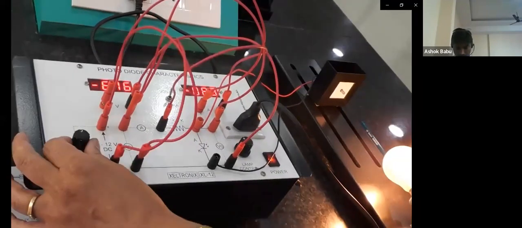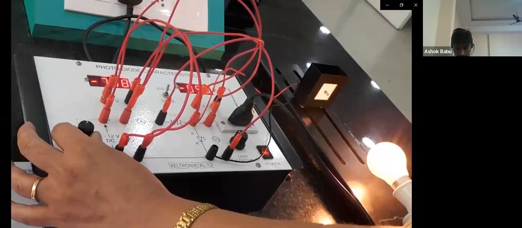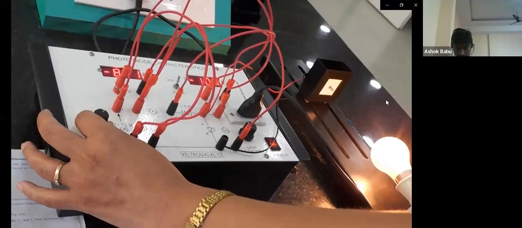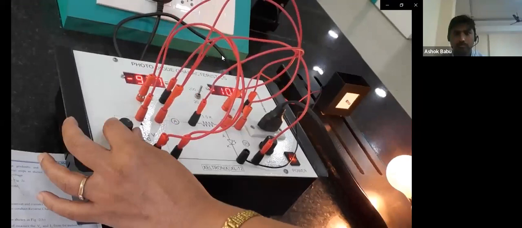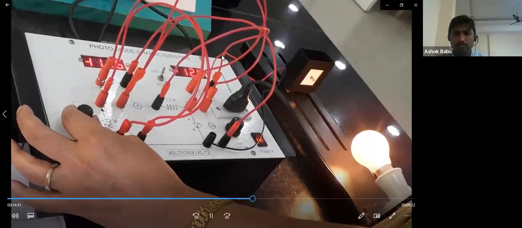For 8, it is 9.8. Then 9, 10.7. For 10, 11.5. For 11, 12.3. And for 12, 13.4. So we are going to vary the voltage from 0 to 14.